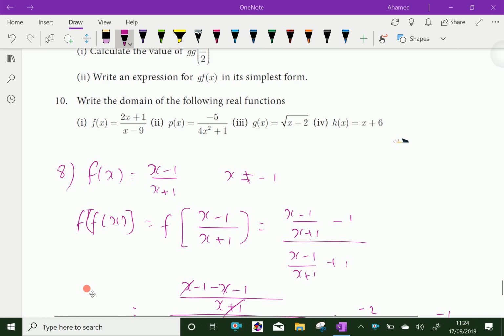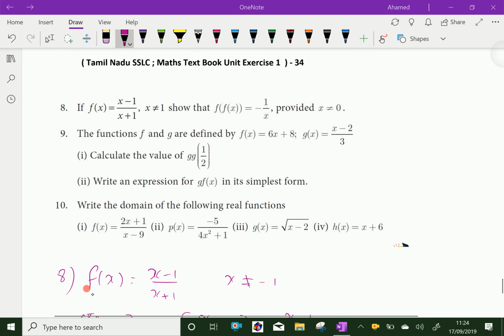Now question number 9. The functions f and g are defined by f of x equals 6x plus 8, g of x equals x minus 2 over 3. Calculate the value of g of g of half, and second, write an expression for g of f of x in its simplest form.